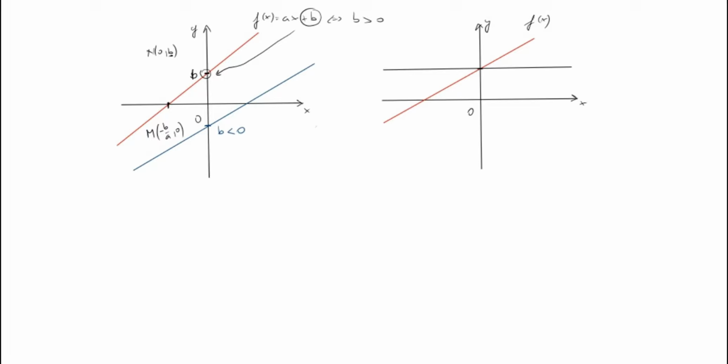And as we can see, we have here an angle alpha, which is also the angle here, the same thing, between the function and the x-axis. And this angle is defining the slope of the function. So basically how this line is tilted.